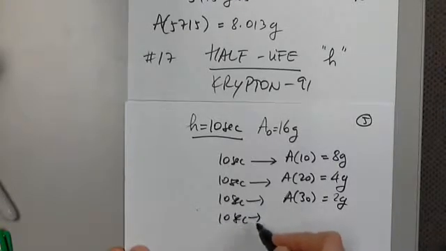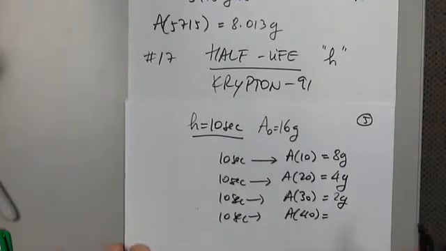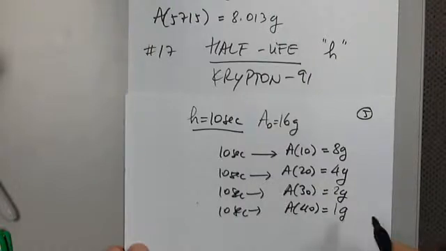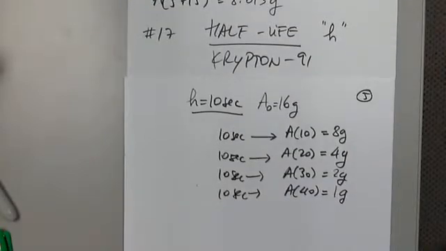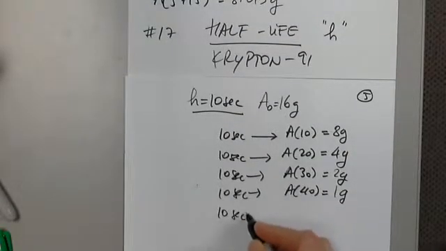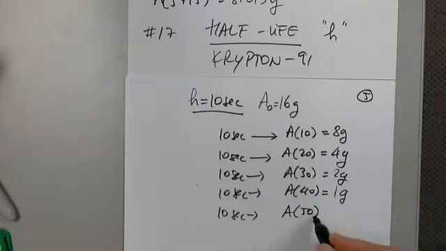And 10 seconds later, A of 40, you barely count to 10 and it disappears. Half of it goes away. And 10 more seconds later, A of 50 is 0.5 of a gram.